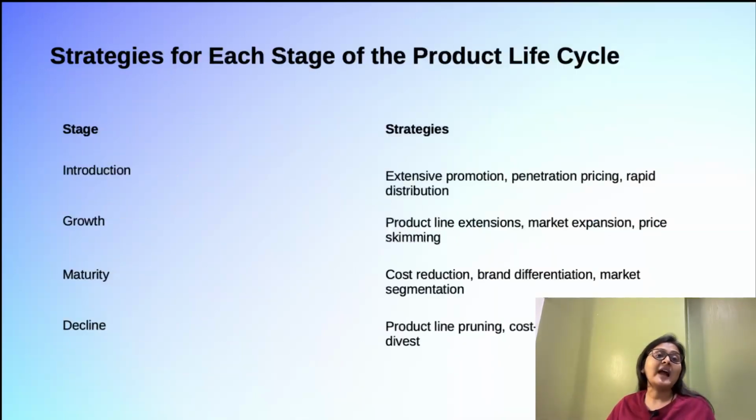Now let us look at the strategies which are adopted at each of these phases. So in the introduction phase, first of all, there is extensive promotion, right? There is heavy advertisement.